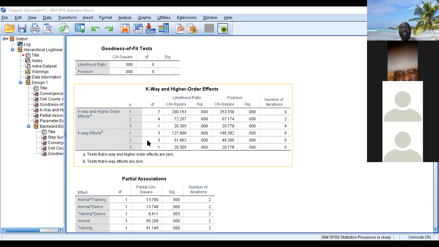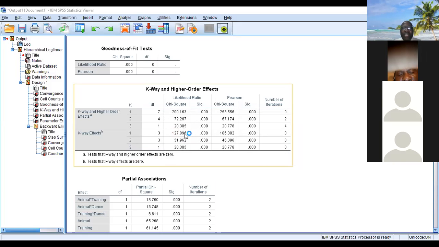Later we're going to see where the effect is in another table. For now, it's just telling you whether there is an effect at that level. When we say animal, it may be that cat has more effect than dog. Number two is talking about the interaction of two variables: training and dance, animal and training, and animal and dance.